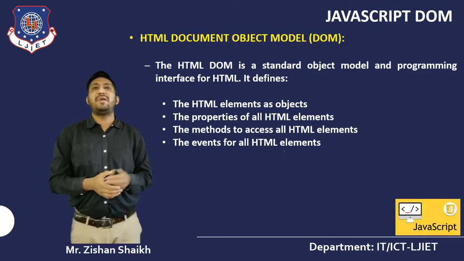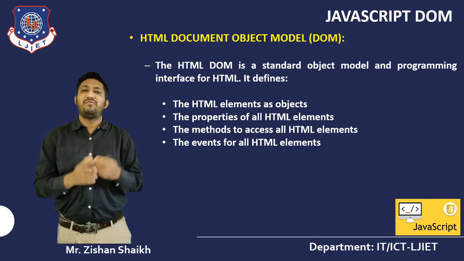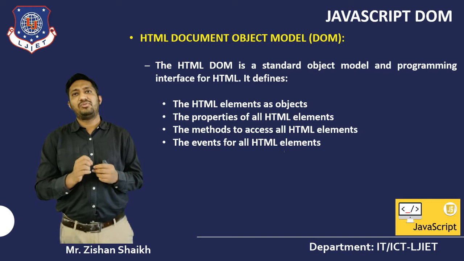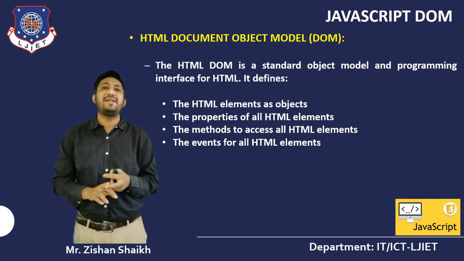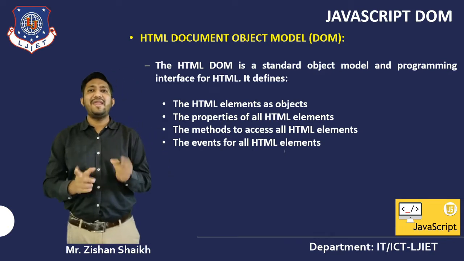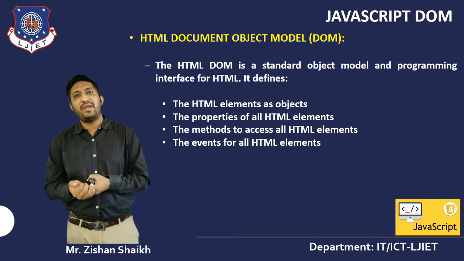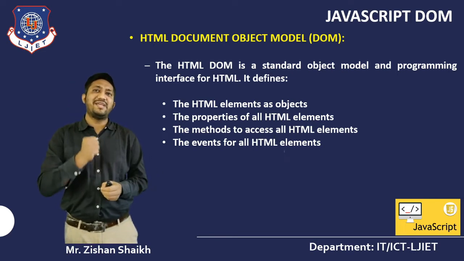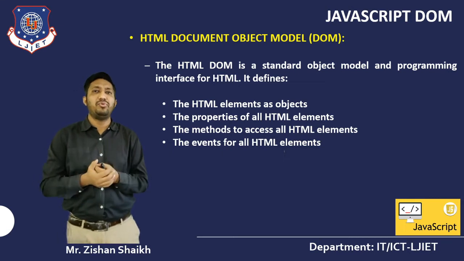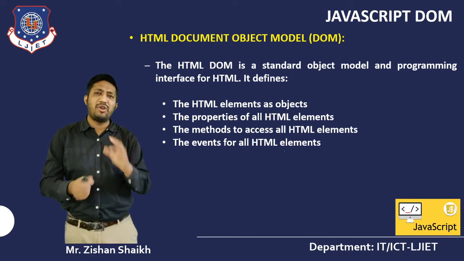The HTML DOM is a standard object model and programming interface for HTML only. So what functionality does it define? It defines the HTML elements as objects. Any element of HTML, whether it is P, the form tag, the div tag, any tag, can be considered as an object, and then we can manipulate it. We know the use of objects in any programming language.